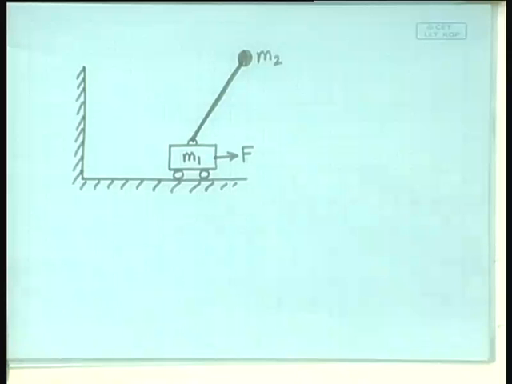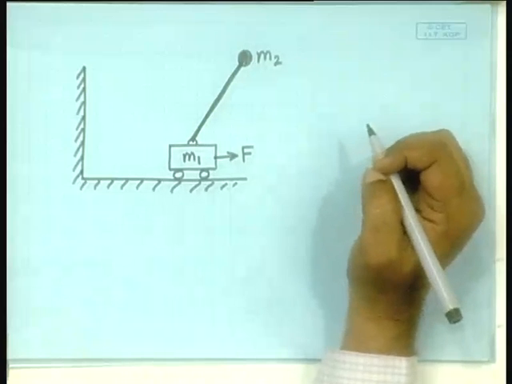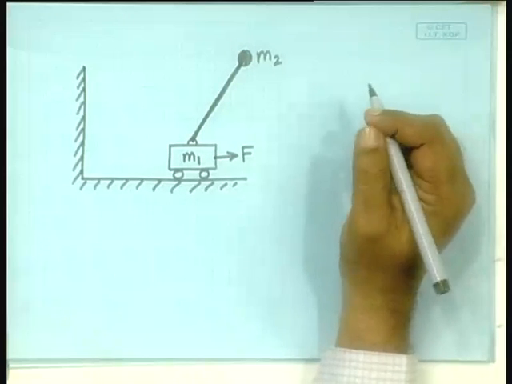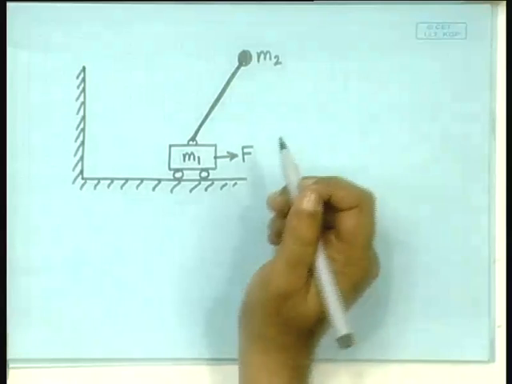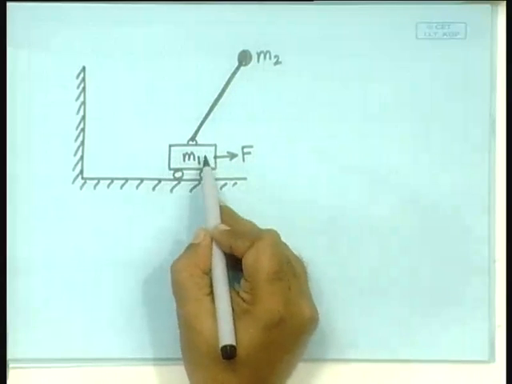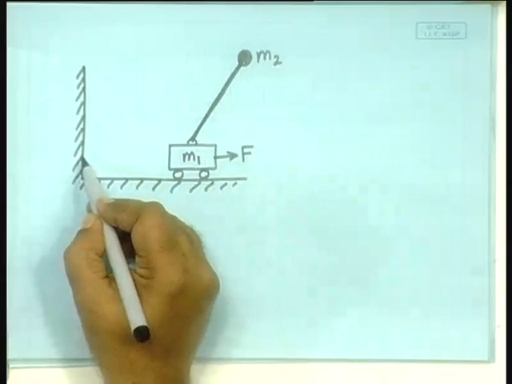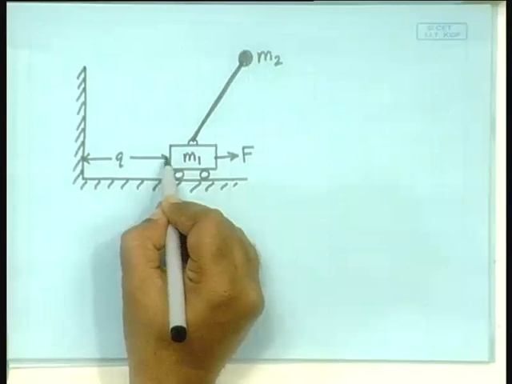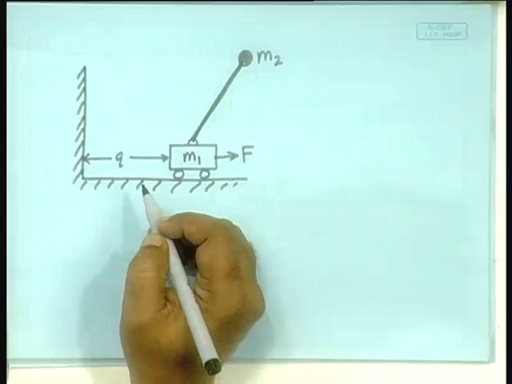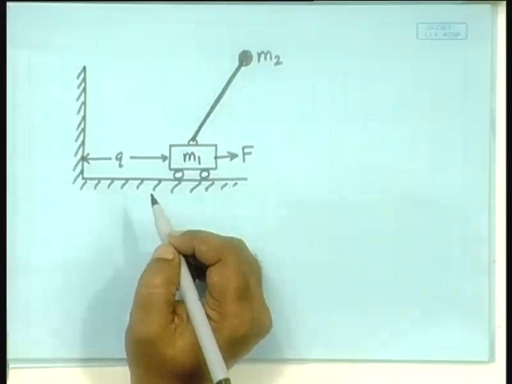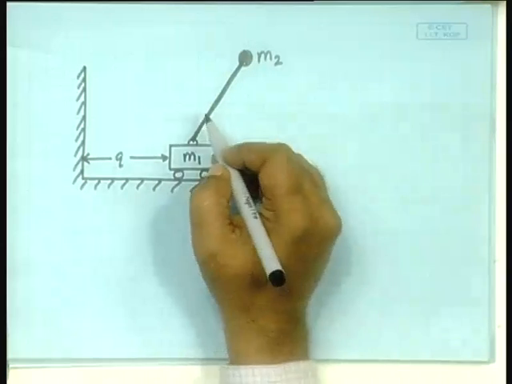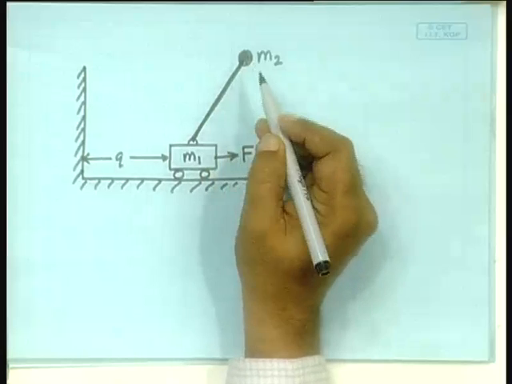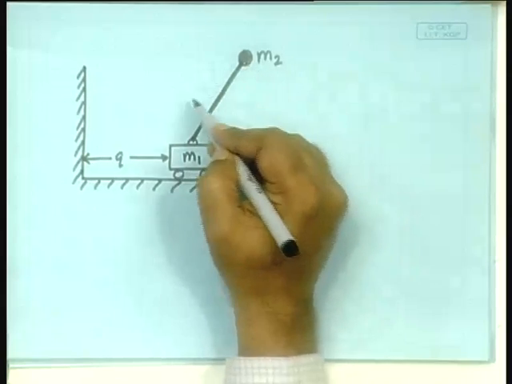Okay. Well, in this case, how would you define the generalized coordinates? There are two generalized coordinates. One, the position of this fellow, which can simply be measured from the wall. And this fellow's position can be measured in terms of the angle.